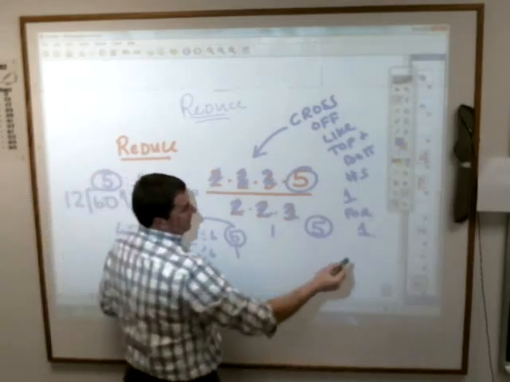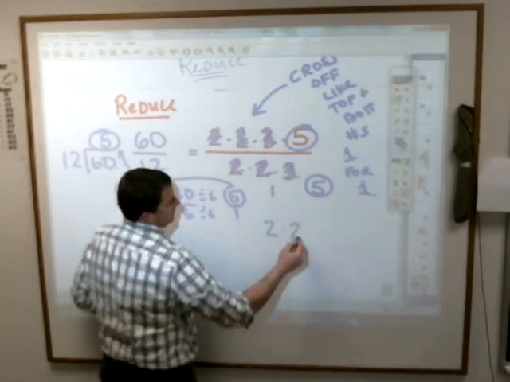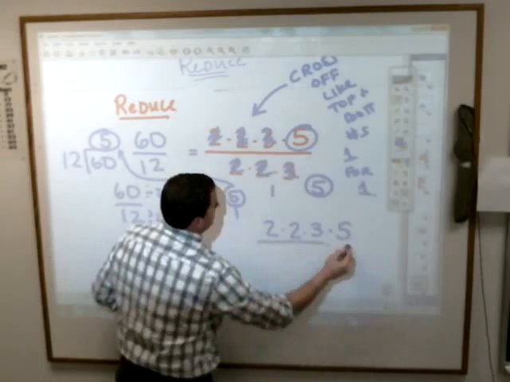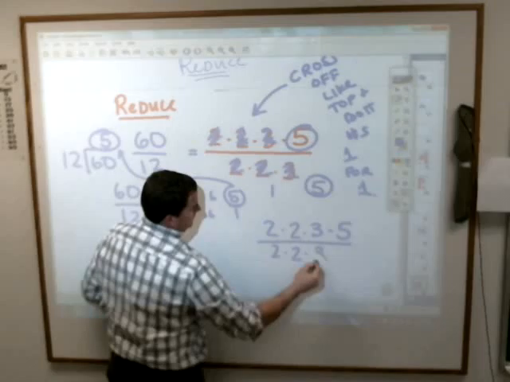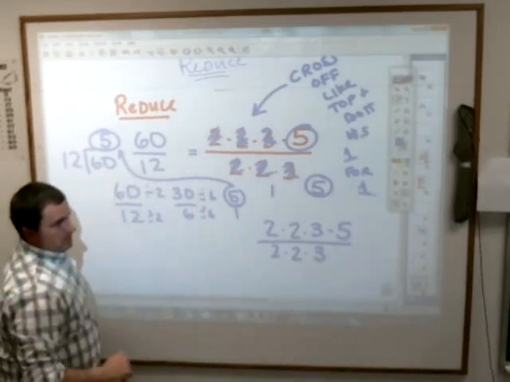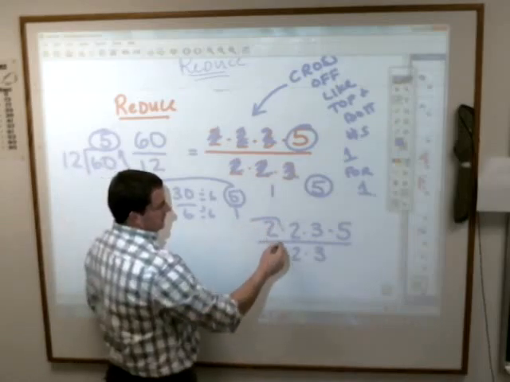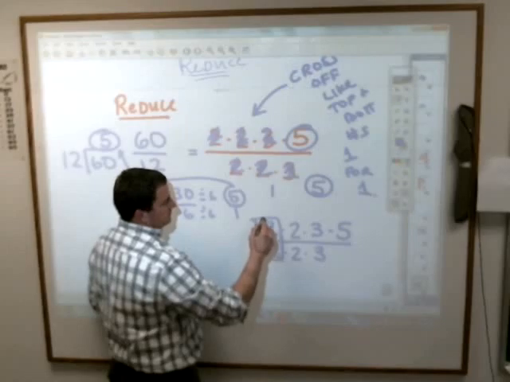Or you could think about it like this. Let me rewrite the problem like this. Think of this, see if this makes any sense to you. If you look at this just like this, what is 2 over 2? 1. This is the same as 1.